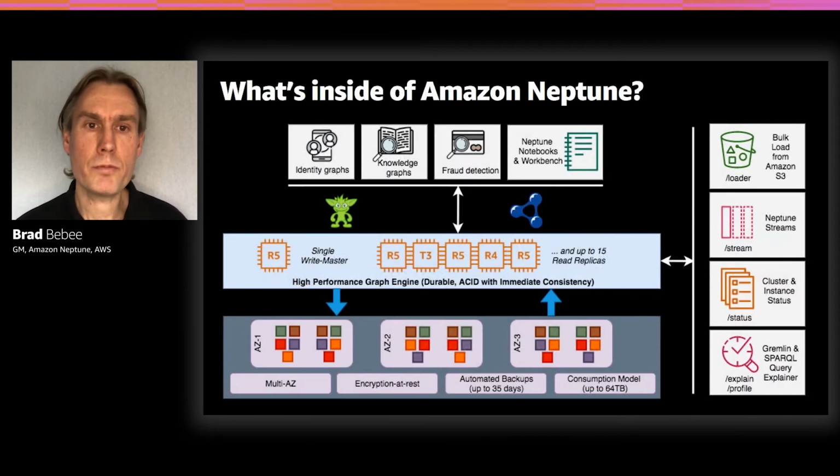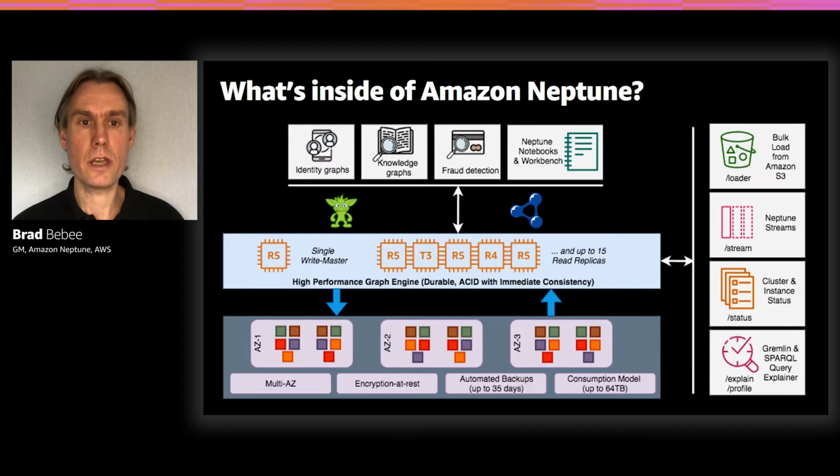What's inside of Neptune? The core of Neptune, if you look at the rectangle in the center of your screen, is a purpose-built, high-performance storage engine that's durable and ACID with immediate consistency and optimized for graph queries.